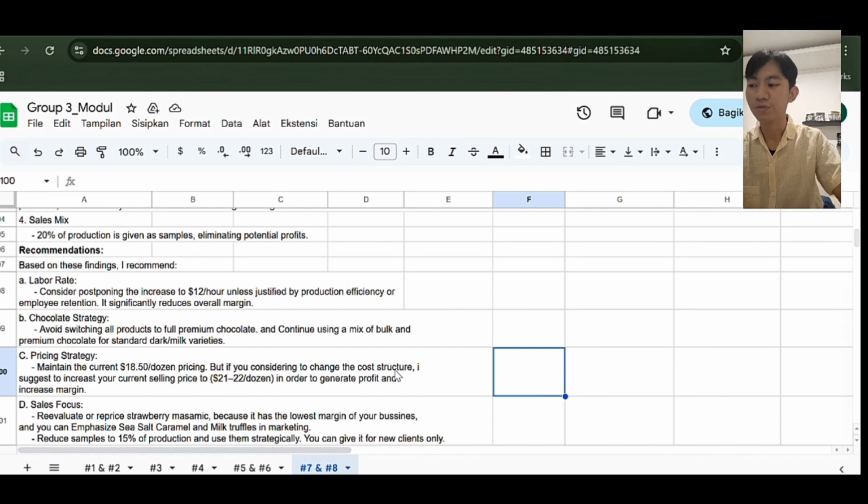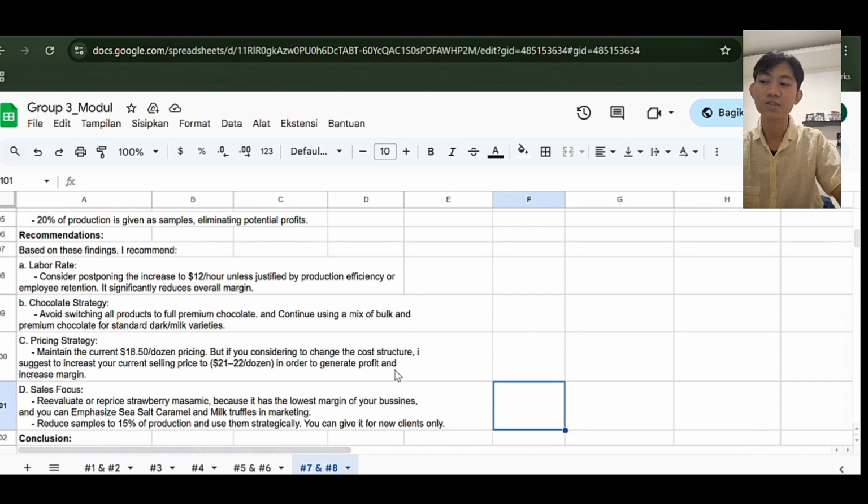And on sales focus, reevaluate or reprice strawberry balsamic because it has the lowest margin of your business, and you can emphasize sea salt caramel and milk truffle in the marketing because they are more profitable with higher margin. Also, I prefer to reduce samples to 15% of the production and use them strategically. You can give them to new clients only, maybe.